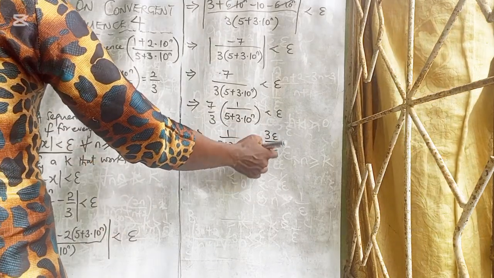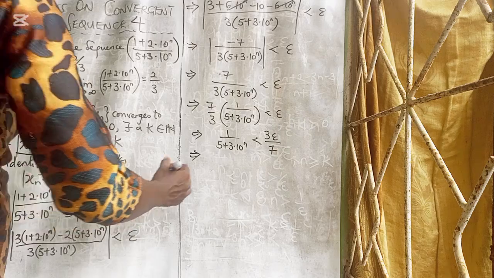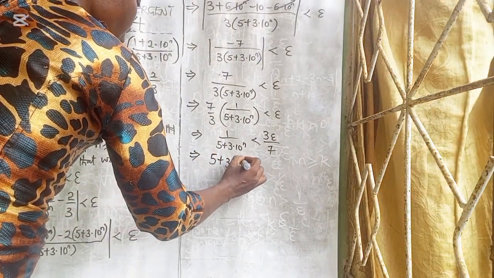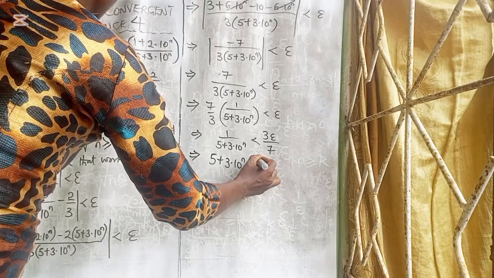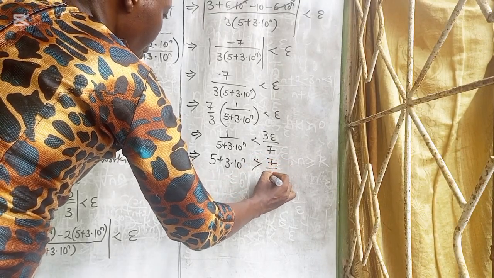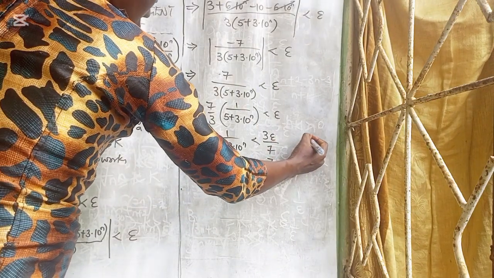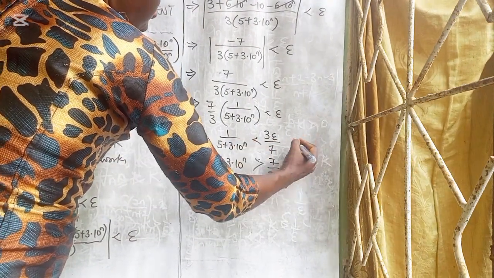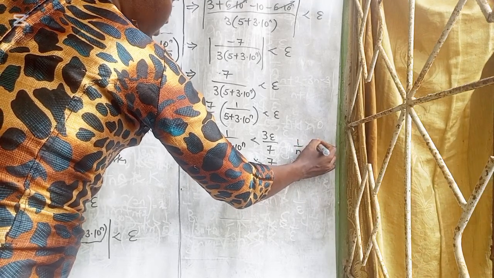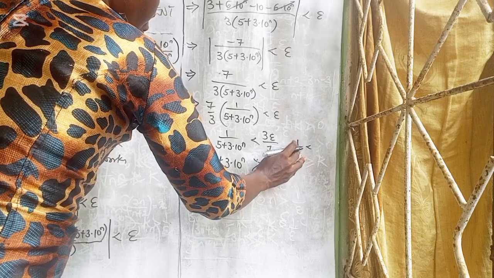When I take the reciprocal of both sides, 5 + 3 × 10^n will now be greater than 7 over 3 epsilon. What do I mean by that? Let's use real numbers.